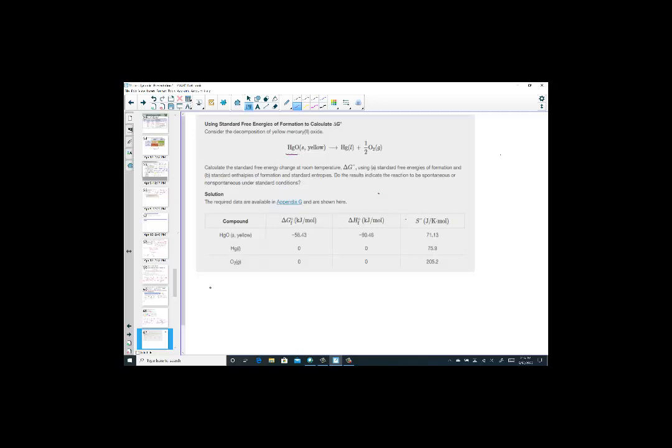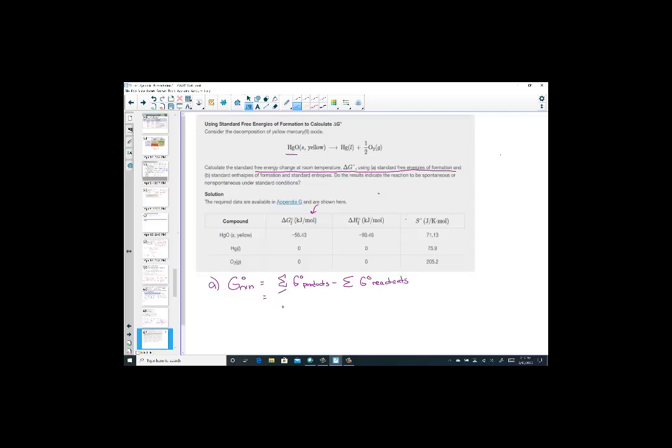We're being asked first to calculate the free energy change of delta G using standard free energies of formation. So the standard delta G is going to be found by taking the sum of the delta G of the products minus the sum of the delta G of reactants.